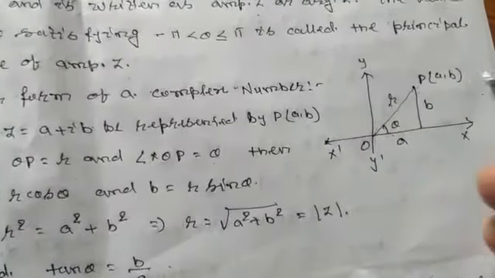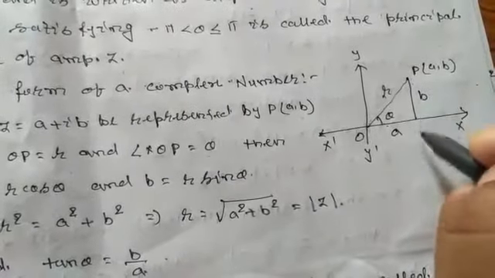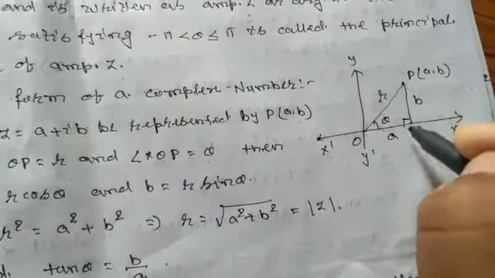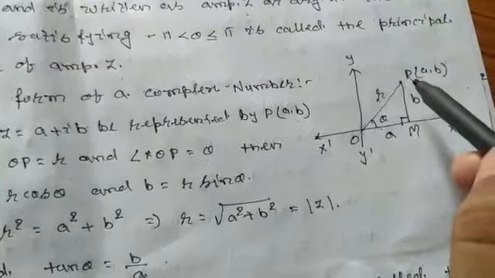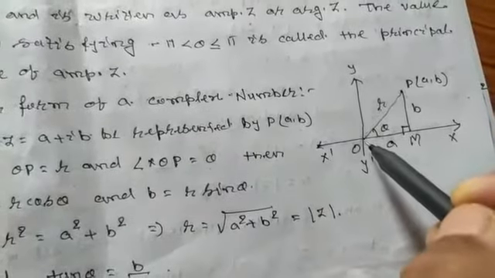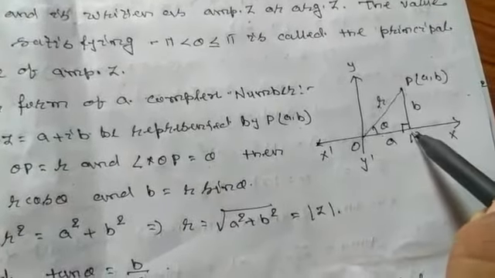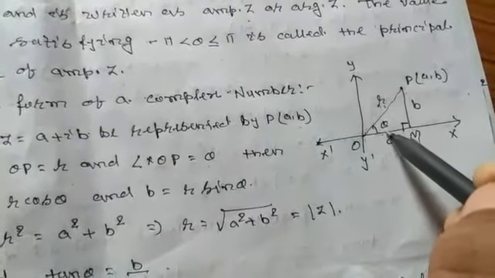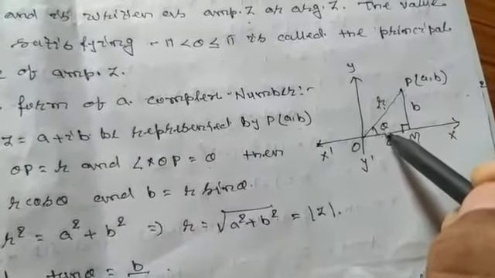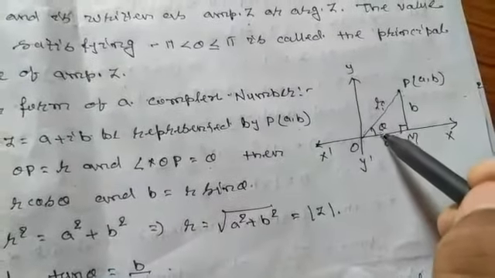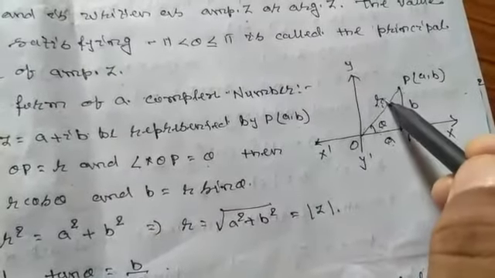Then since PM is perpendicular on the x-axis, triangle PMO is a right angle triangle. So its horizontal component a will be equal to r cos theta. When you apply the ratio cos theta equals base by hypotenuse, that is cos theta equals a by r.